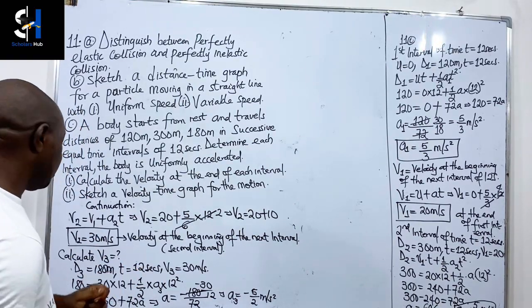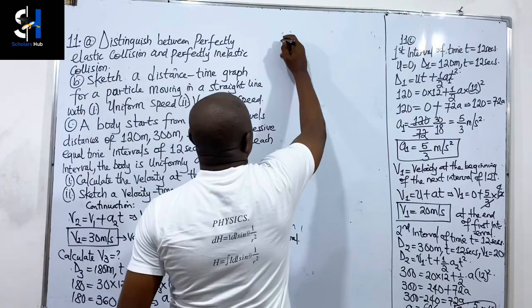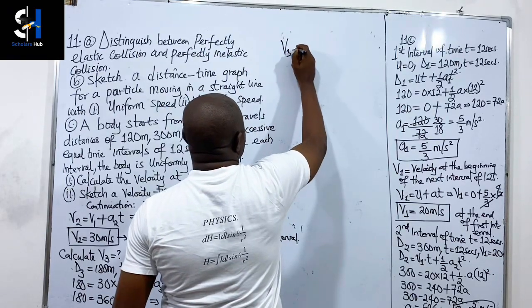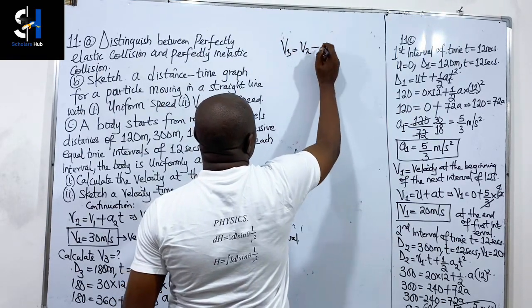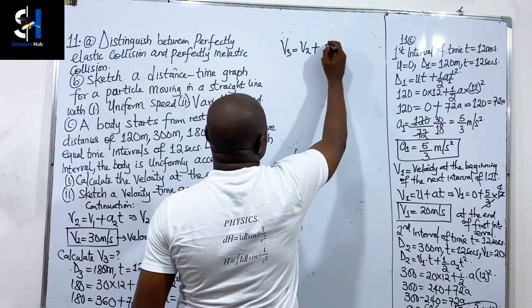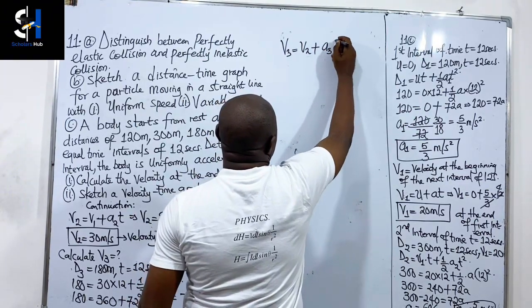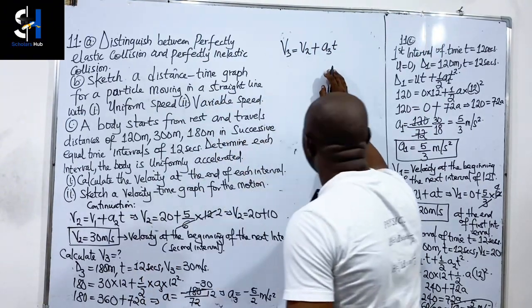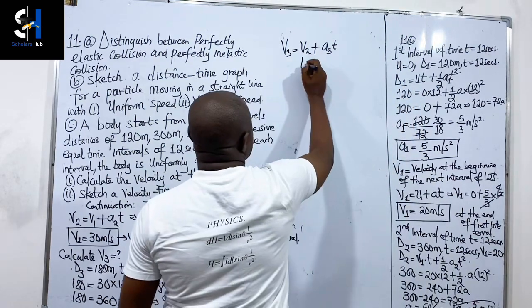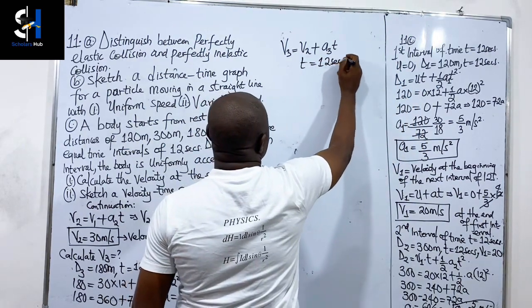So now with this acceleration, let's calculate the velocity. Velocity v3 will be v2 plus a3 multiplied by t. Let's not forget that t is equal to 12 seconds.